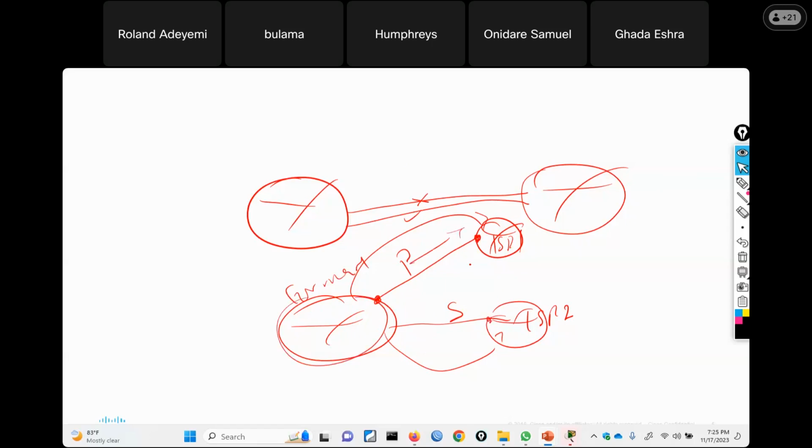Some will go to ISP1, some will go to ISP2, some ISP1, some ISP2. But that may not be what we want. We may want a situation whereby one is working, the other one is just on standby. How do we achieve that? We configure a floating static route. How do you configure a floating static route? It's just for you to point to.